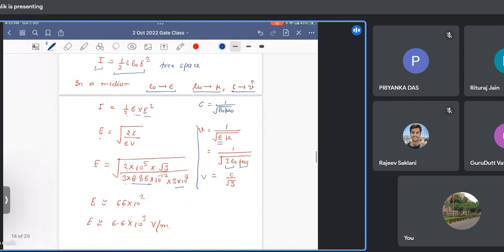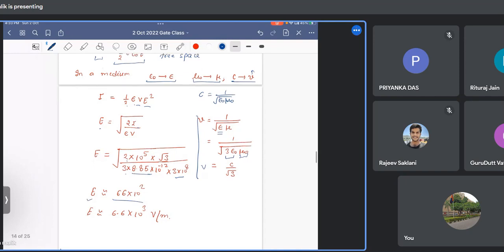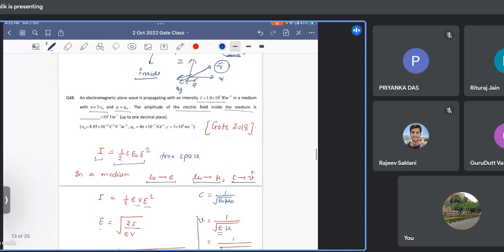Then we put in these values. The value of electric field is given by 66 into 10 raised to power 2, which can be written as 6.6 into 10 raised to power 3. Since 10 raised to power 3 is already written, 6.6 is the answer for this question.